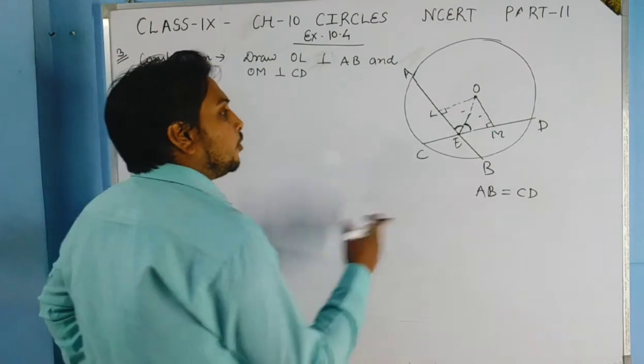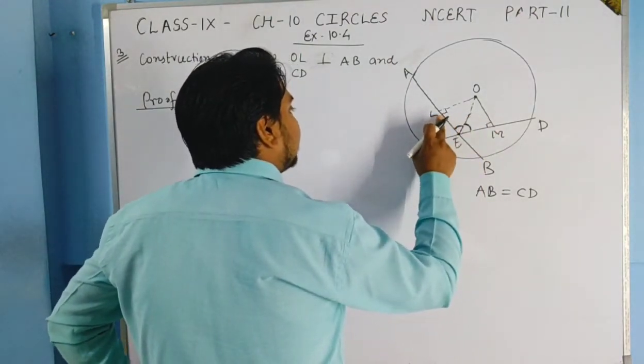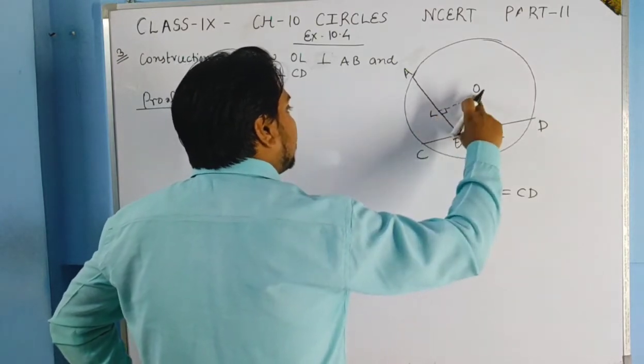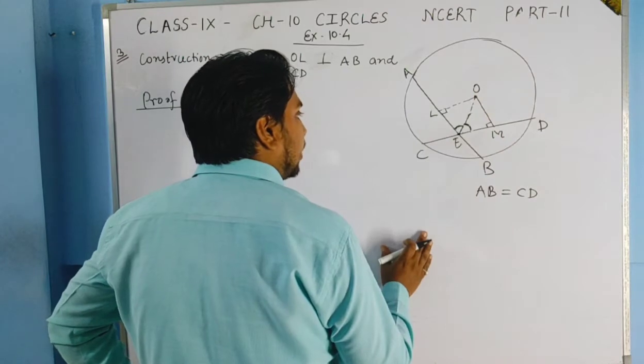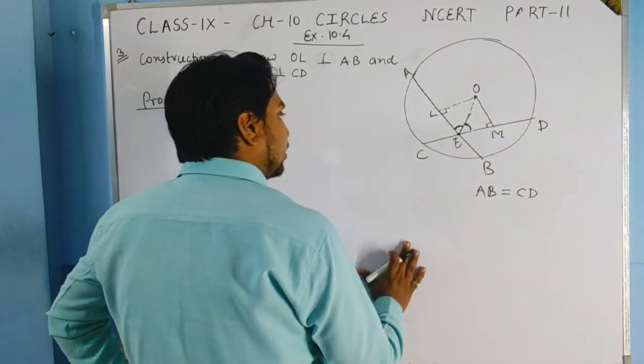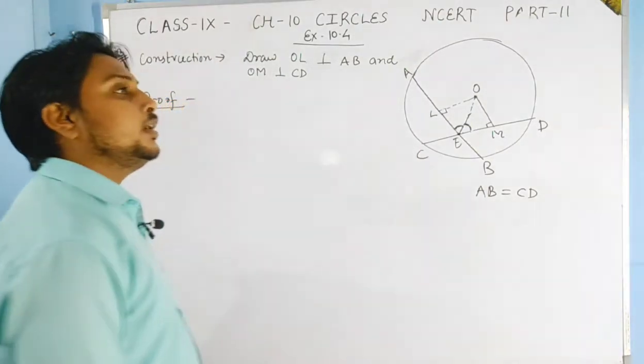What criteria can you apply here? See, it is given that it is 90 degree, so you are having right angle. Hypotenuse is common. Okay, and you know that in a circle equal chords are equidistant from the center.